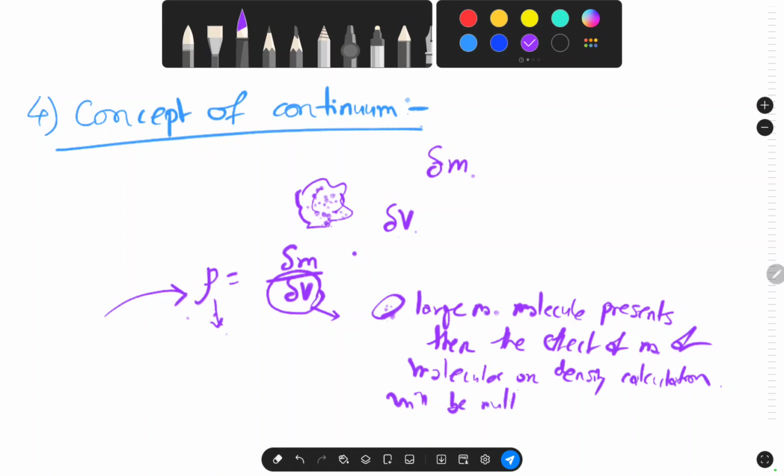So this total concept is called a continuum, meaning continuous. With the help of the continuum approach we can assume the thermodynamic properties as a continuous function.